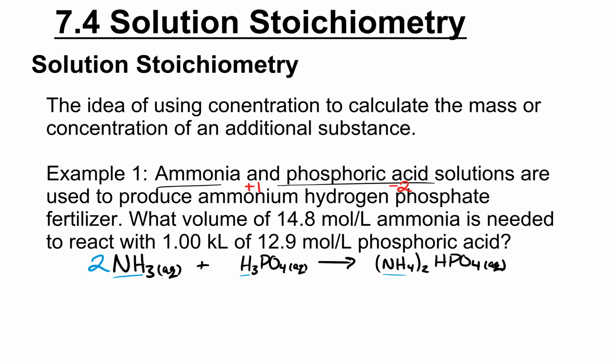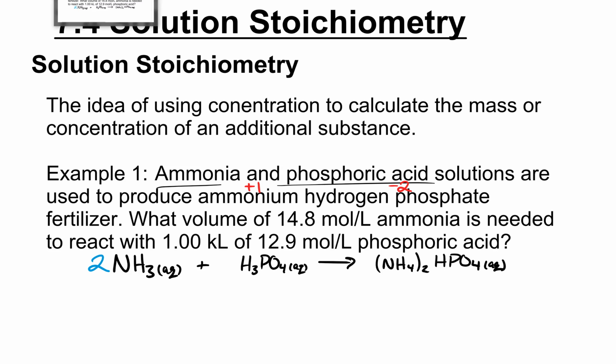So 2 nitrogens, 2 nitrogens. We have 6 plus 3 hydrogens. We have 4 times 2 is 8 plus 1, so 9 hydrogens, good. And then we have 1 phosphate and 1 phosphate, no problem. So this is totally balanced right now. We just had to double the amount of ammonia in this reaction.